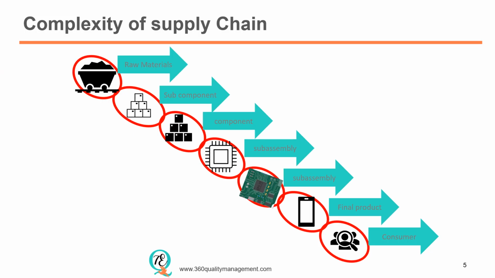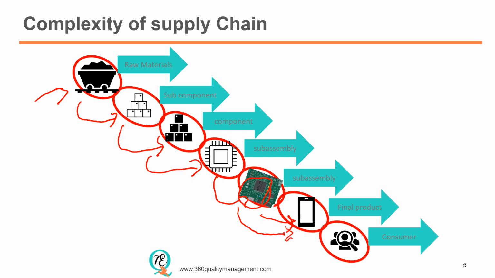Supply chain is actually very complex. Let's zoom down to just one component in a smartphone. It begins from the raw material, from the sand that is mined from Mother Nature, and then it will become some kind of subcomponent, maybe crystalline silicon, before it becomes a wafer, and then is assembled into chips and then into printed circuit boards, finally into a smartphone before it reaches the final consumers.